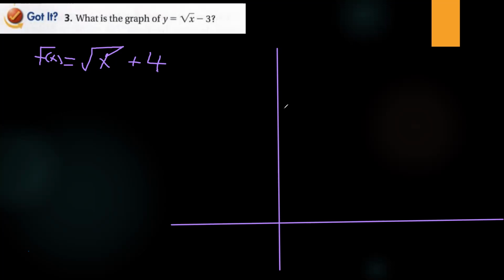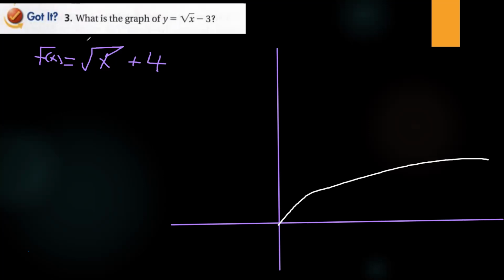So when I ask you to draw the square root of x plus 4, what you must know first is that the graph must be like this, square root of x. It cannot be here. It must start from 0 to the positive x-axis.